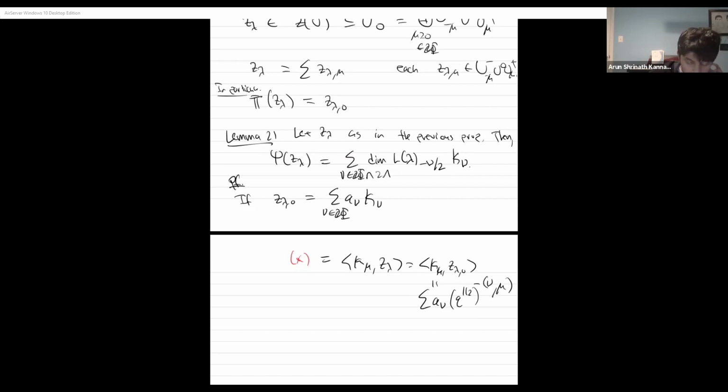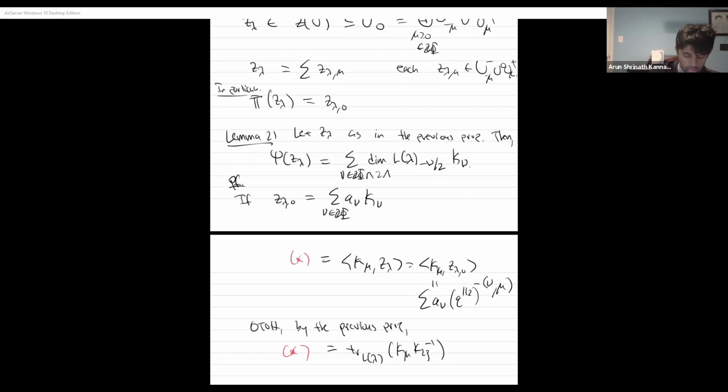But on the other hand, this star, by the previous proposition, is equal to the trace of L of lambda k mu k2 rho inverse.